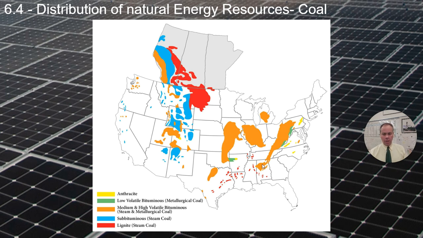We can see other areas as well where you have smaller amounts of coal, and this also shows the different qualities of coal. Remember, anthracite is the highest quality, highest energy density coal, and lignite is the lowest. So we see different parts of the U.S. and where coal can be found.